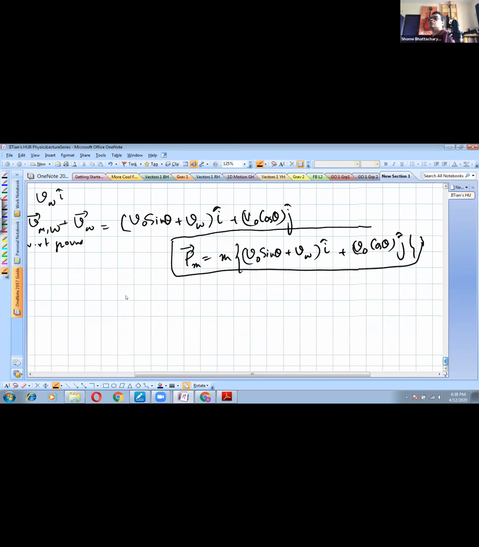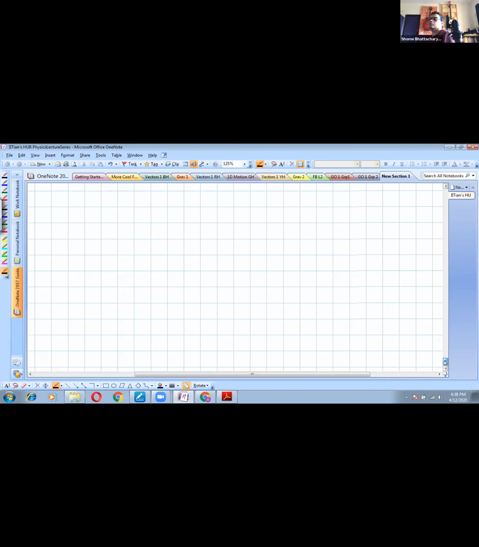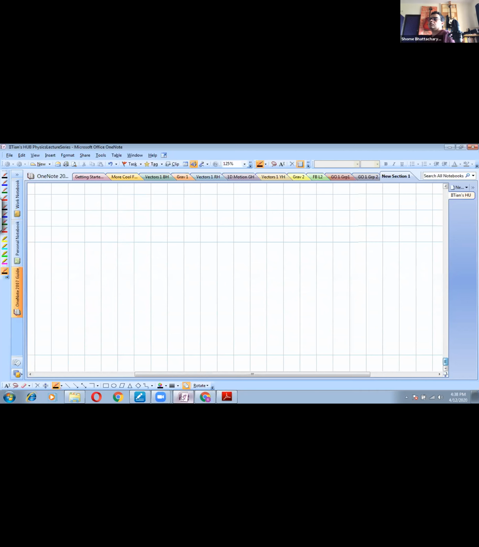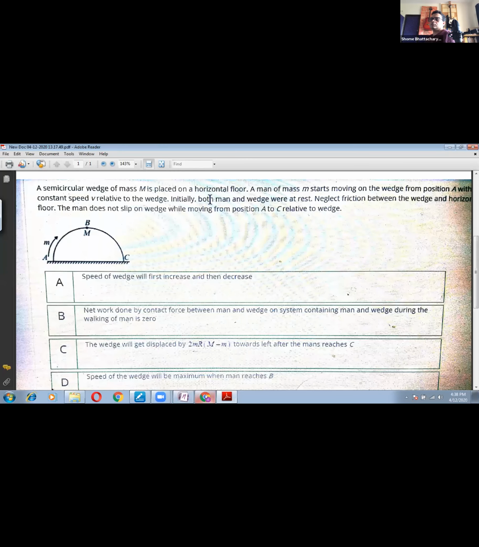If you want to make the system's horizontal momentum 0, you want to make the system's horizontal component of velocity 0.